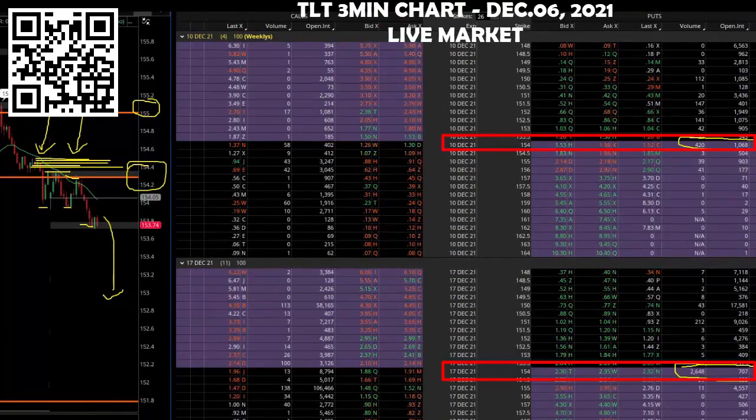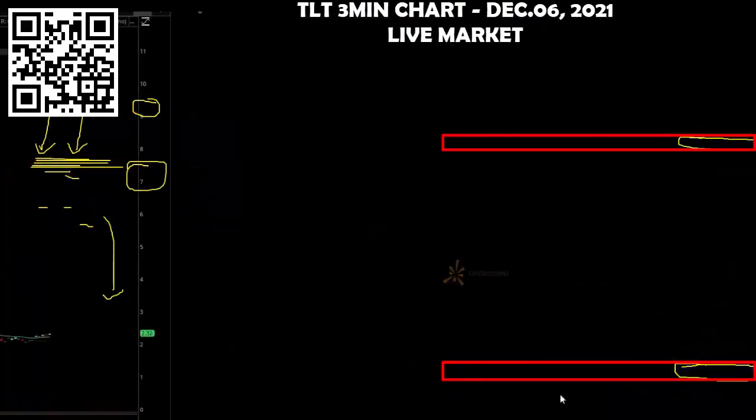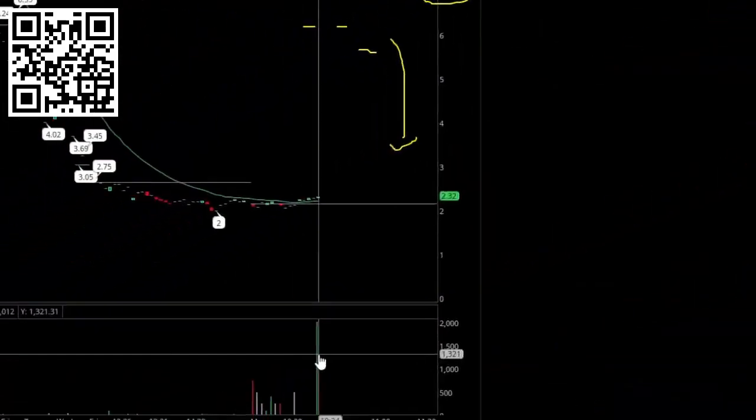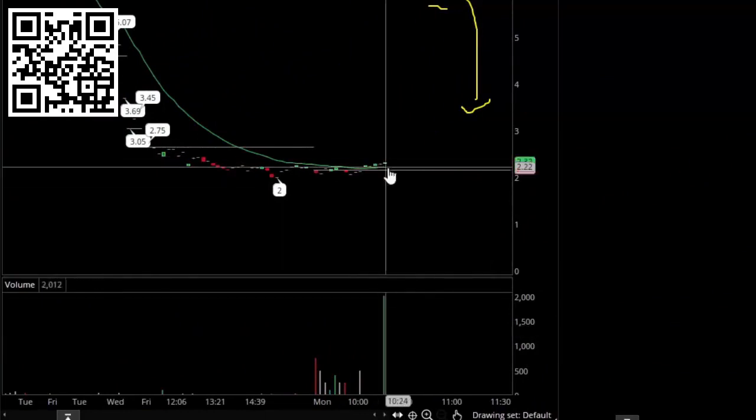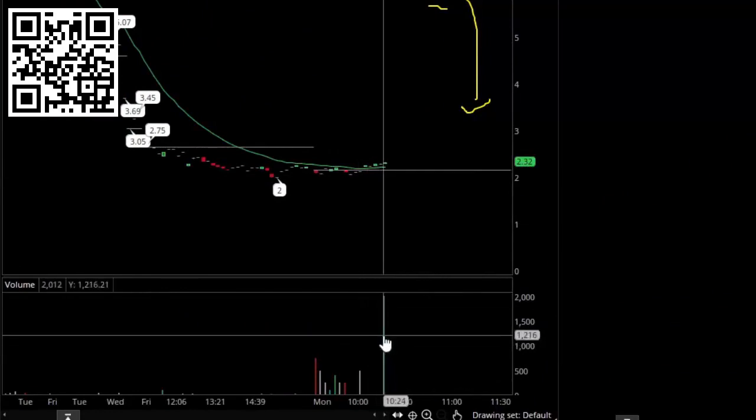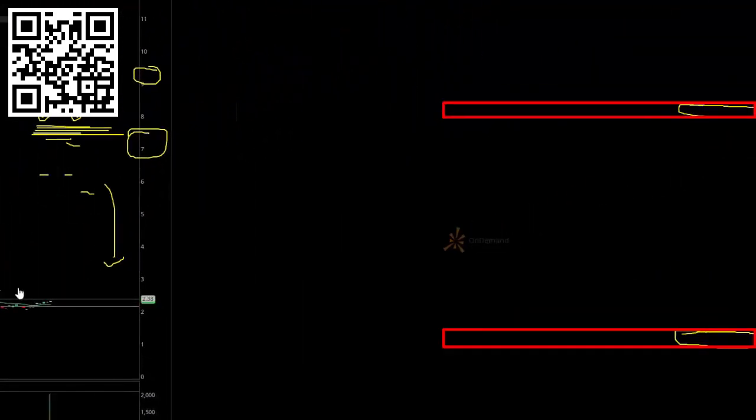See that the buyer jumped in right now. So they got in, let's put the contract, see here, boom. 2,000 contracts. They bought puts here. That's the short on the options.